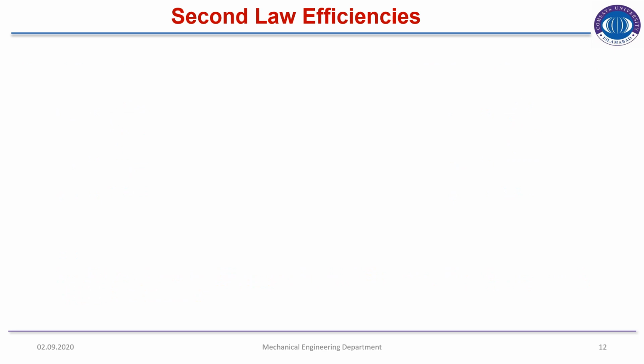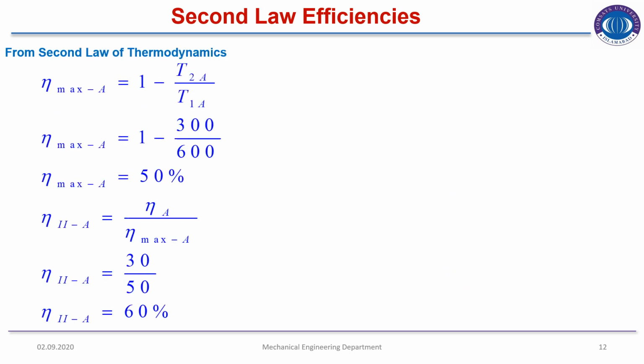Now we will check the thermal efficiency according to the second law of thermodynamics. So what is the procedure? From the second law of thermodynamics, the maximum efficiency is achieved if heat engine A is replaced by a reversible heat engine.